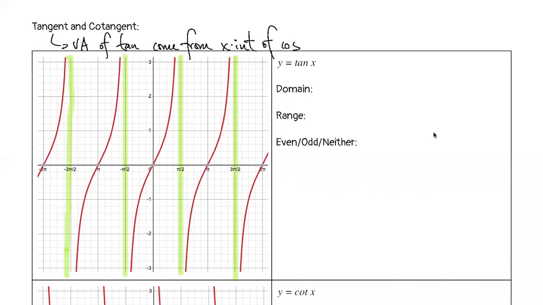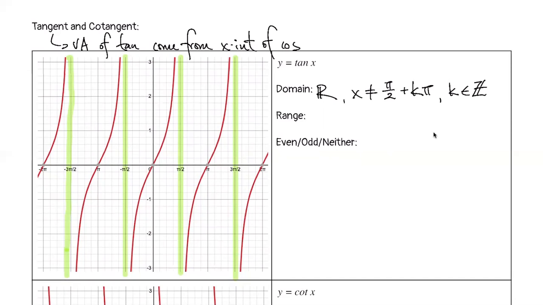And that's where we say our domain is all real numbers, except x cannot be pi over 2 or any multiple of pi plus that pi over 2. And again, if you want to be fancy, you could say k is an integer. That's what that part says, okay?